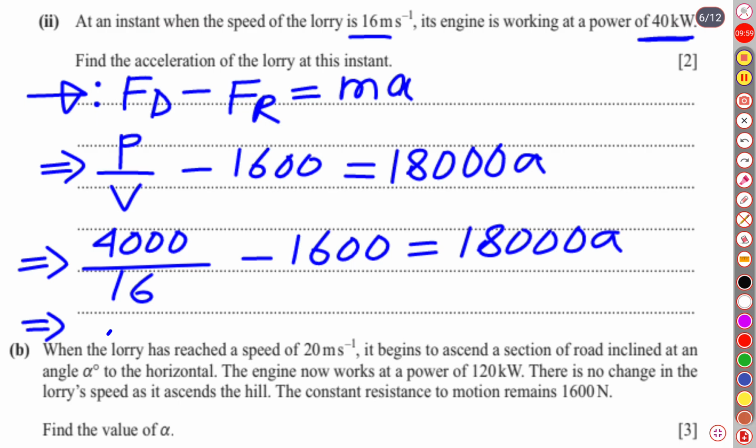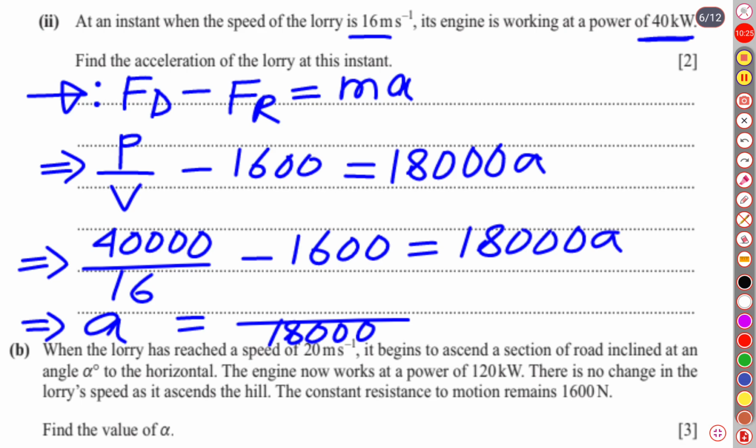So acceleration is going to be, the denominator is 18,000 and the numerator is, let's divide 40,000 by 16, not 4,000, sorry. If we divide 40,000 by 16, it is 2500.